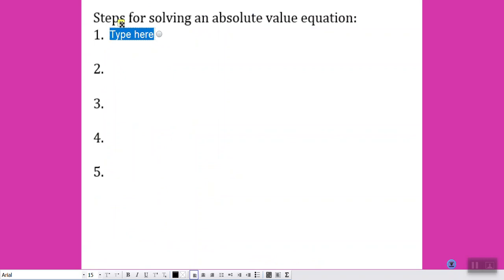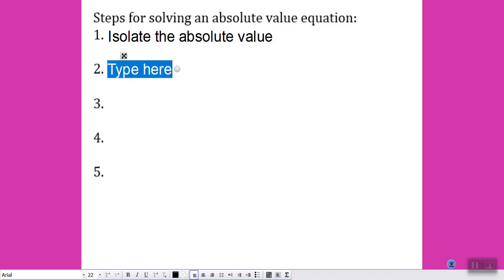So our steps for solving an absolute value equation. Let's make this a little bigger. The first thing we're going to do is isolate the absolute value. We don't want to have anything else on that side of the equation. We want just the absolute value. Then we're going to write two equations.